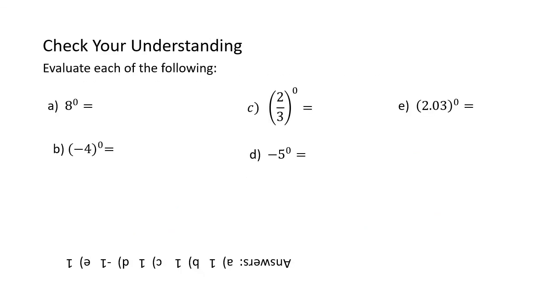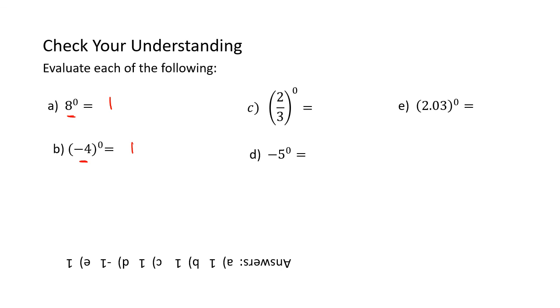So, in all of these instances, let's go through these examples. Example A, 8 to the exponent 0, okay, 1. B, negative 4, all in brackets, to the exponent 0, again, is 1, because you have just a power.